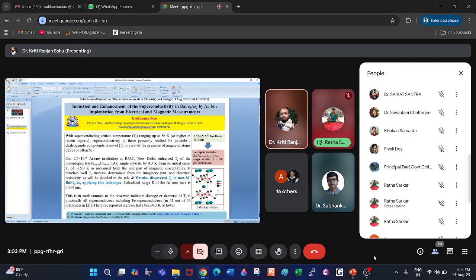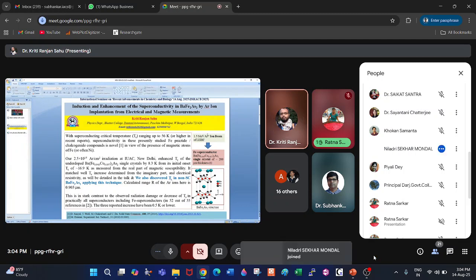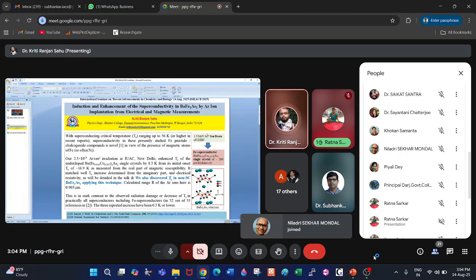In the reported literature, the maximum change is 0.5 Kelvin in the compound FeAC, 0.5 Kelvin.